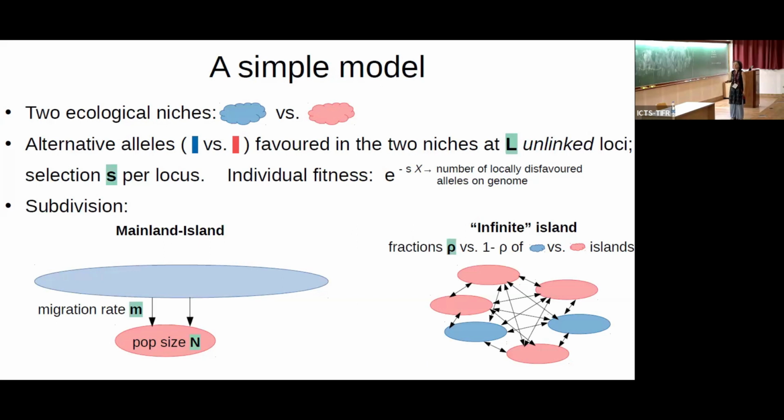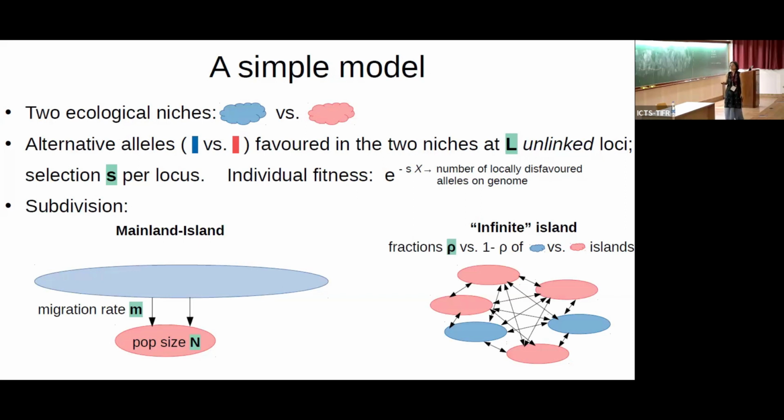Rho is the fraction of islands with one of the environments, and these don't change over time. So if you imagine that there are 100 islands, 20 of them have one kind of environment and 80 of them have the other, so rho is 0.2, because in 20 of them one set of alleles is favored, and in 80 of them a different set of alleles is favored.